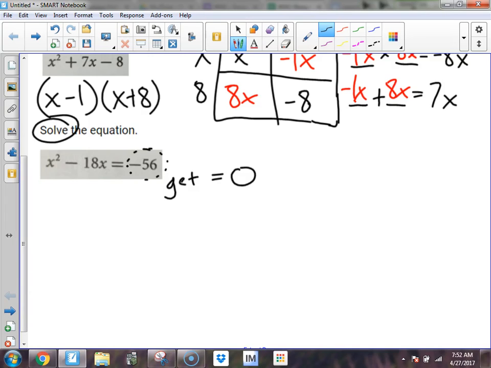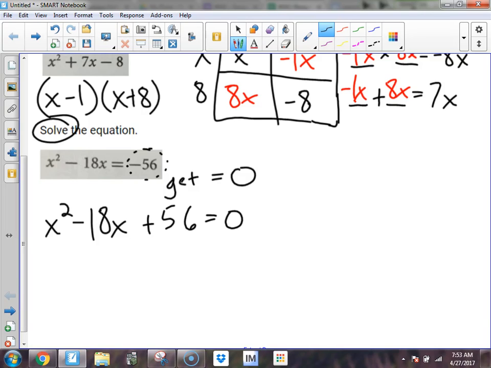You generally want to make it so that it is still a positive x squared, but move everything else to the other side. So in this case, if I move negative 56 to the opposite side, it's going to be the opposite, add 56. Now I have equals 0.